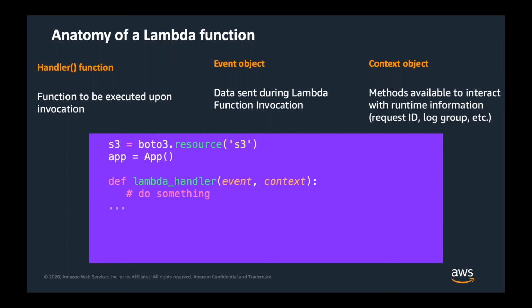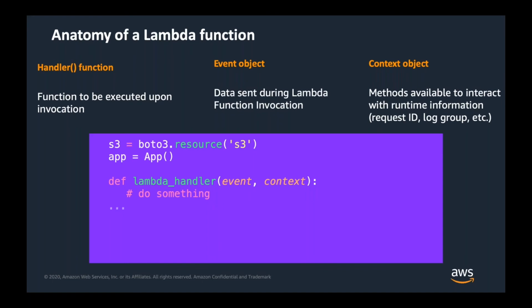The next is the event object. So think of an event as a JSON formatted document that contains data for a function to process. The Lambda runtime converts the event to an object and passes it to your function code. When you invoke a function, you determine the structure and contents of the event.